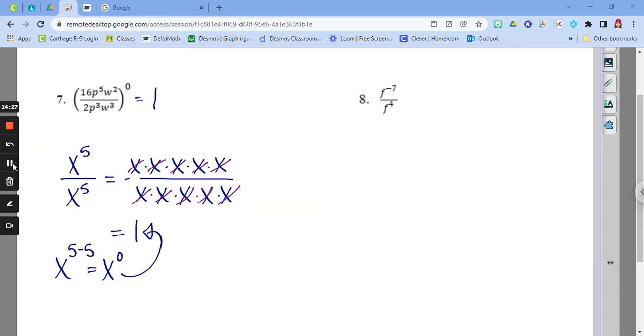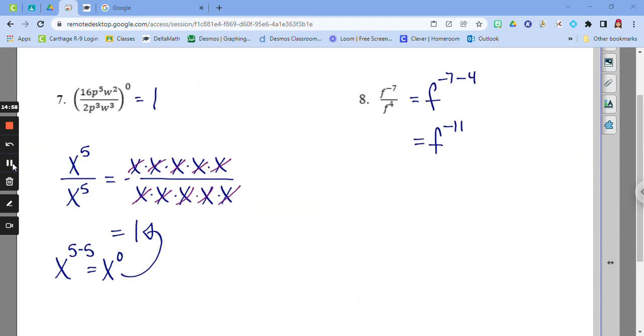Number 8. We subtract exponents when we divide, right? I'm going to go ahead and do that. F to the negative 7 minus 4. Negative 7 minus 4 is negative 11.